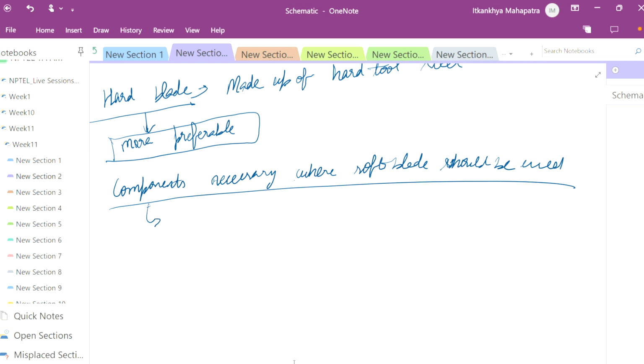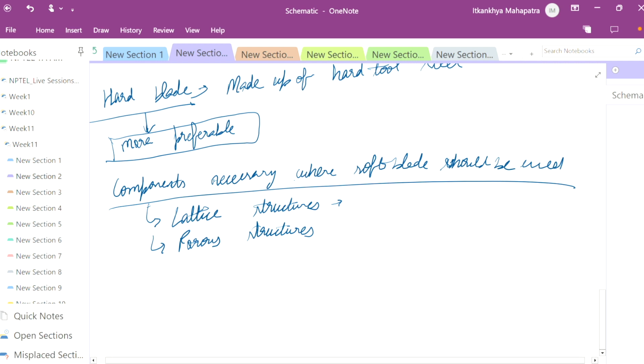These are like lattice structures, porous structures. Now these lattice structures are very fragile, like the walls may be of 0.1 mm.